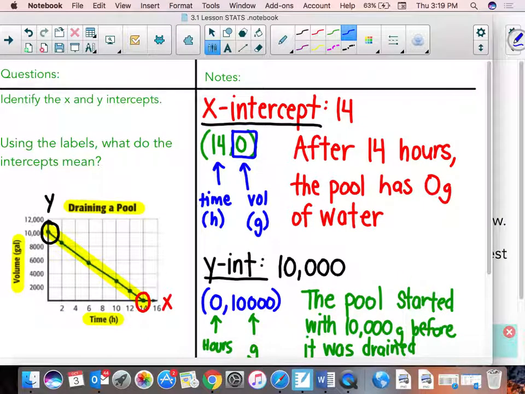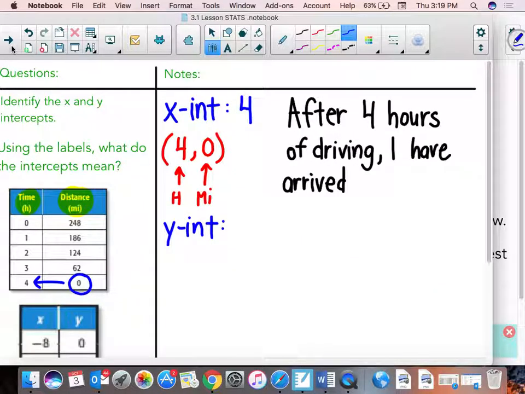Our y-intercept is when x is 0. So if x is 0, this is my y-intercept, 248. One thing that can also help you, the x-intercept will be under the x column. The y-intercept will be under the y column.